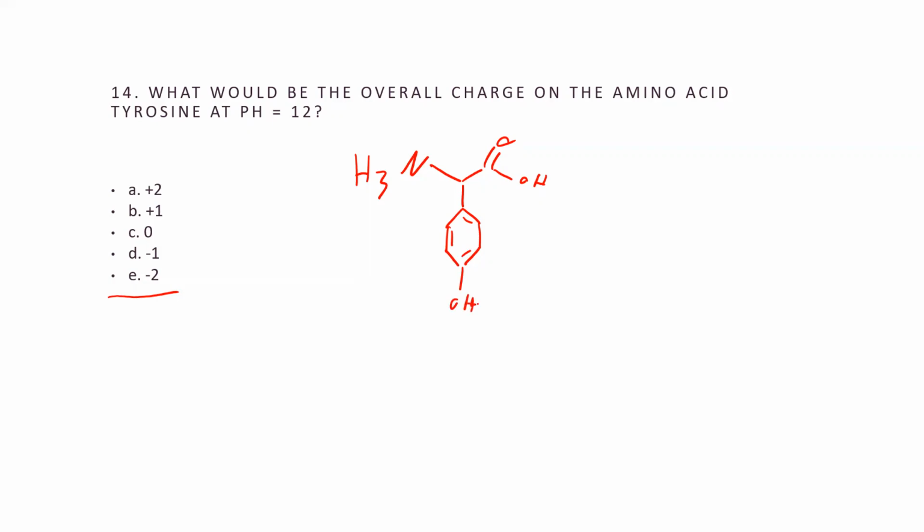Okay. pH 12. What's the pKa of this group? You're right. I don't know why I'm listening to you guys. Yeah, this is 9. Okay. What's the pKa of your carboxyl group? Is this going to be protonated?